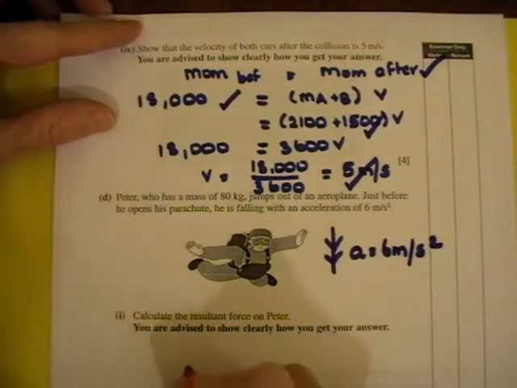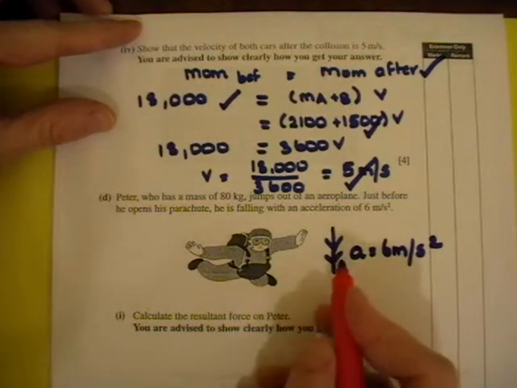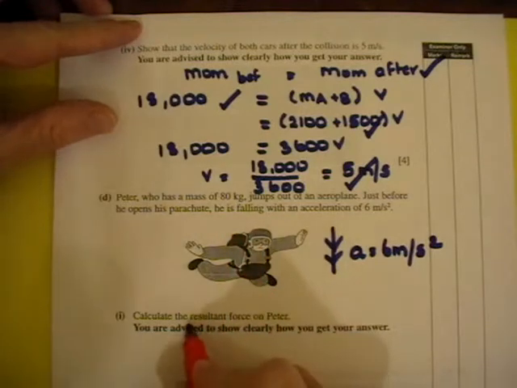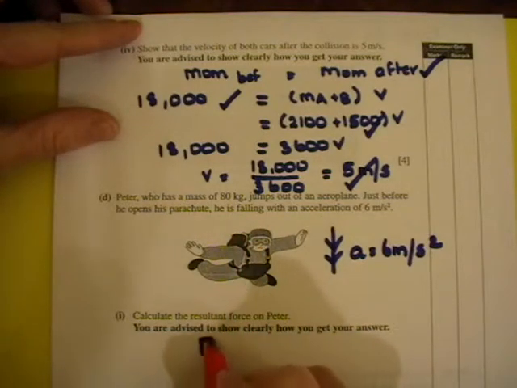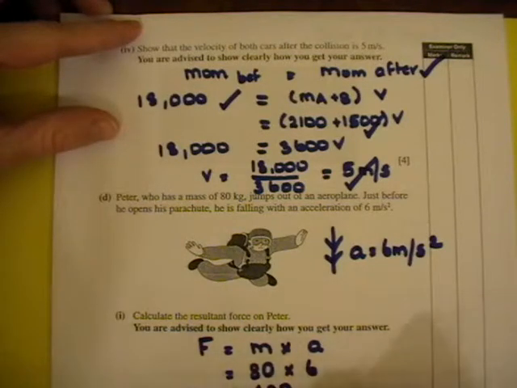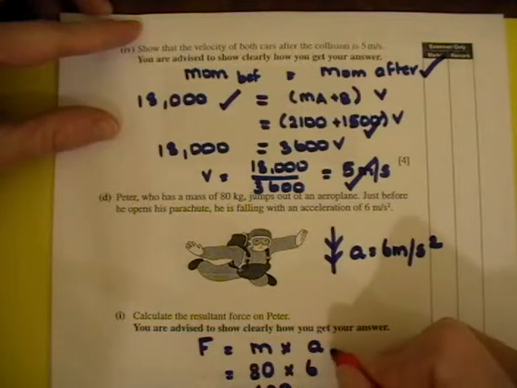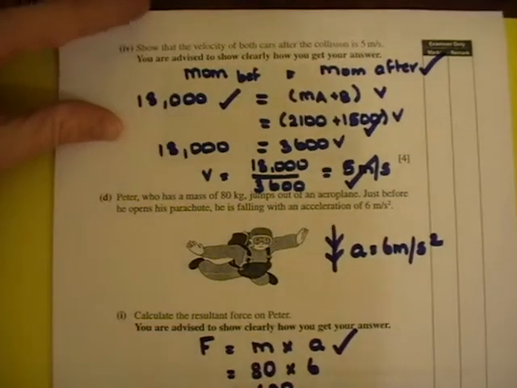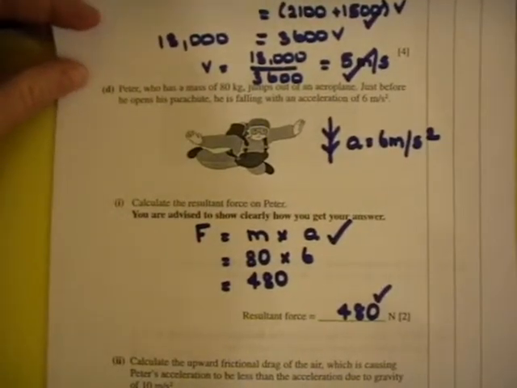Calculating the resultant force on him, you're given an acceleration, you're given a mass, and you're asked for a resultant force, so you have to use F equals M times A. And that is going to be 80, which is his mass, times his acceleration, which is 6. And that gives you an answer of 480 newtons. And so you get a mark for your answer and a mark for your equation.